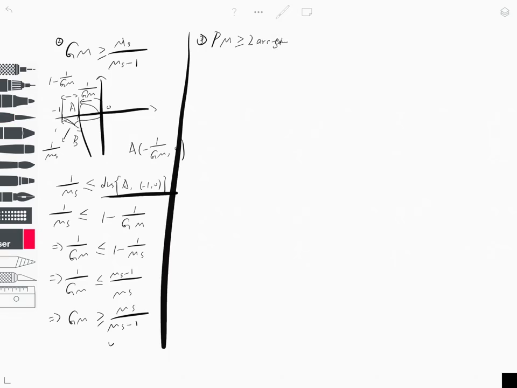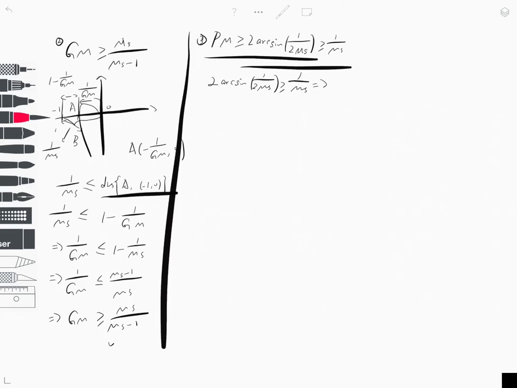Oh, sorry, it's arcsine: 2 arcsine of 1 over 2Ms is larger than or equal to PM, which is larger than or equal to 1 over Ms. Well, let's first prove the second one since there's only one parameter there, without the PM. So 2 arcsine of 1 over 2Ms is larger than or equal to 1 over Ms. Let's put 2 on the other side: arcsine of 1 over 2Ms is larger than or equal to 1 over 2Ms.